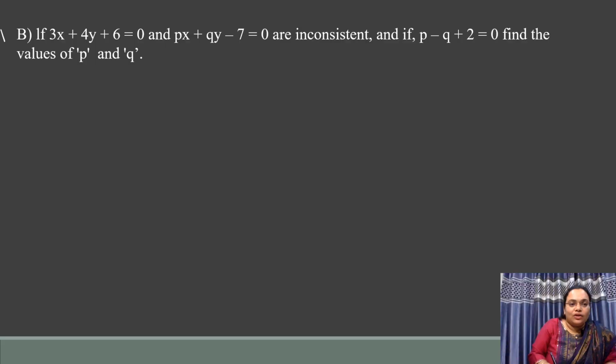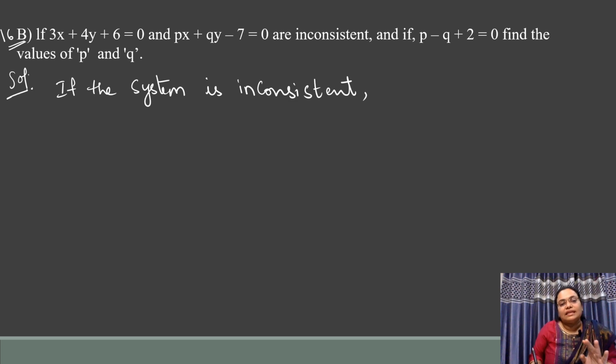Clear? Now we will solve 16th B bit. 3x plus 4y plus 6 is equal to 0 and px plus qy minus 7 equals to 0 are inconsistent, and if p minus q plus 2 is equal to 0, find the values of p and q. If the system is inconsistent, then it has no solution.